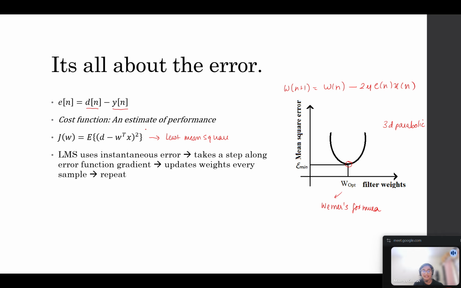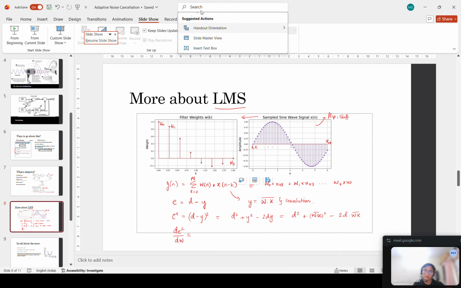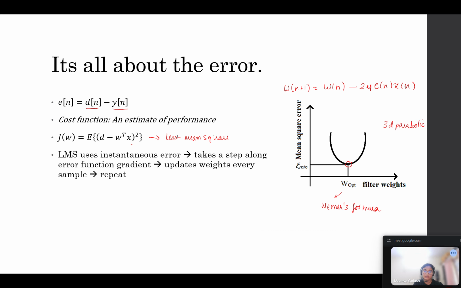So the smaller the error, the closer the noise that we generate is to the ambient noise, and the closer it is, the clearer will be the cancellation. It makes the noise disappear through destructive interference, and at the end we get a clear signal.